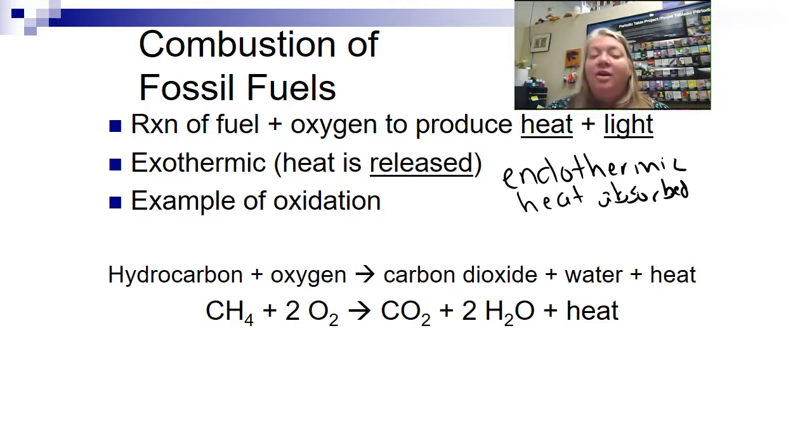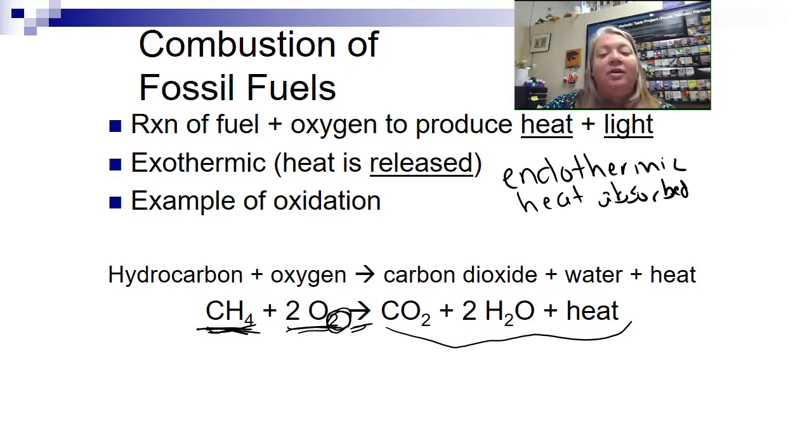So down at the bottom, I have a balanced equation describing what is occurring as we combust a fossil fuel. So we start with our hydrocarbon, that's this thing right here. Now this one happens to be methane. Methane reacts with oxygen. Oh, notice this little 2 down here. What does that 2 mean? That subscript. Remember, that means that it's a diatomic molecule. So when it's in its standard state, oxygen likes to be diatomic. So methane reacts with oxygen and it produces or yields, that's what that arrow means, these products.